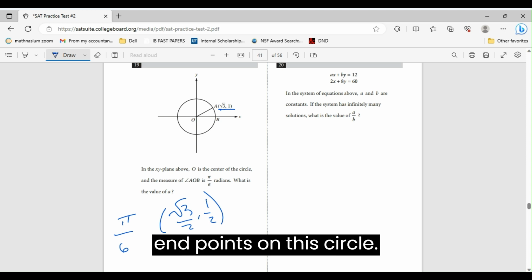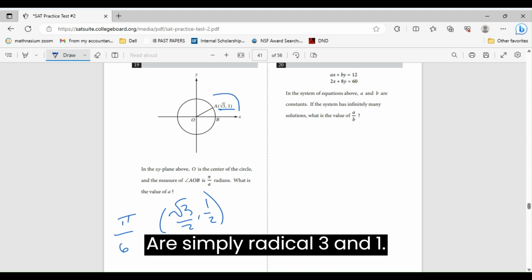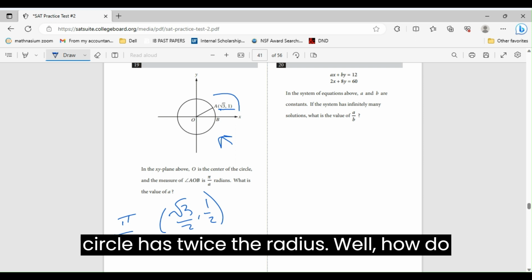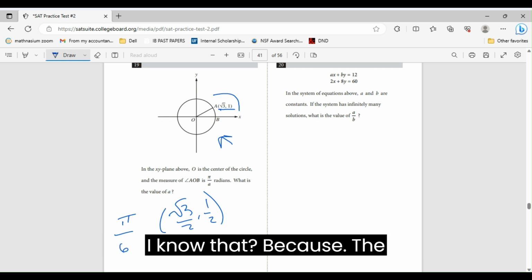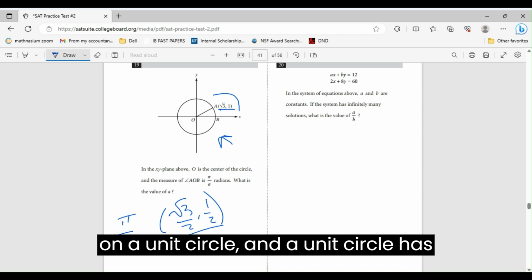But our endpoints on this circle are simply radical 3 and 1. And what that tells me is that this circle has twice the radius. Well, how do I know that? Because the values are twice what they are on a unit circle.